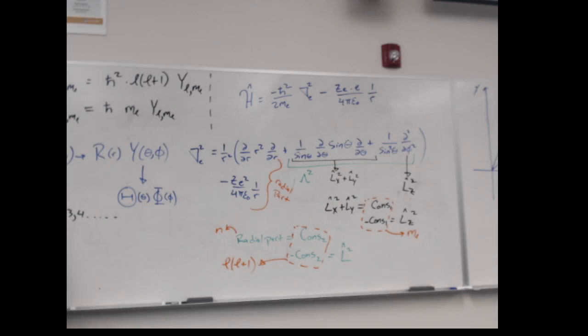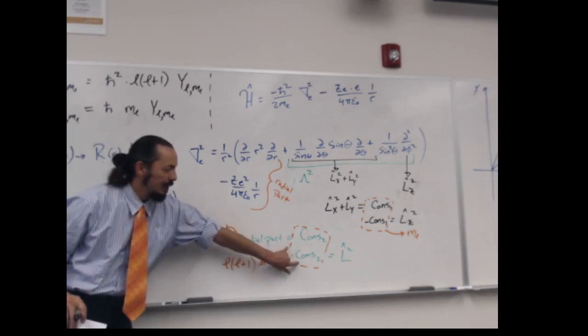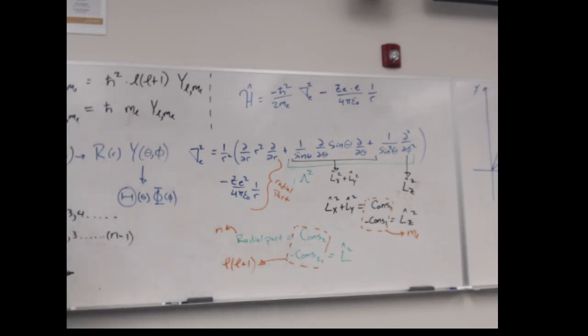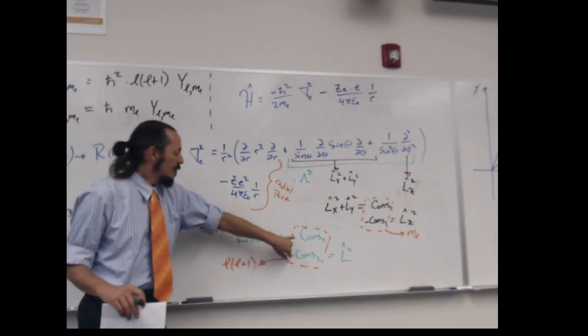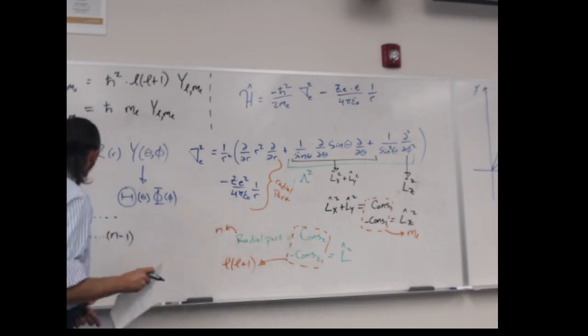Our L values are 0, 1, 2, 3, up to a maximum of n minus 1. So this n minus 1 restriction comes from this separation of variables in green here. The n value comes from just the radial part by itself, and then this restriction on the L values comes from the separation of variables here.